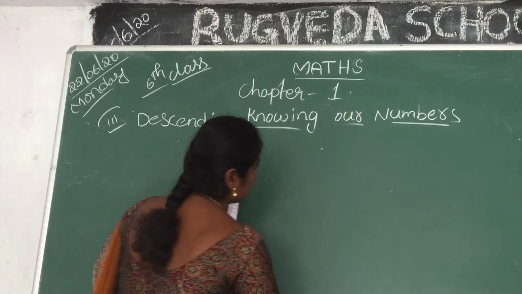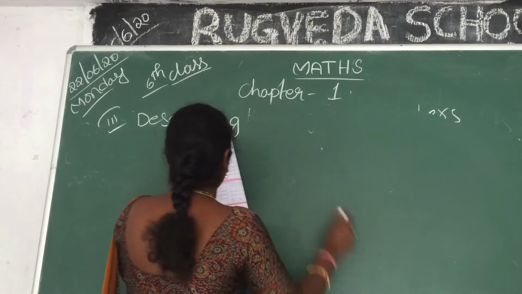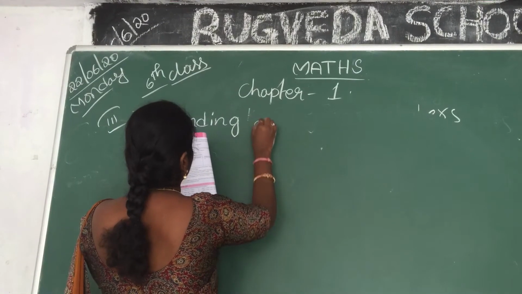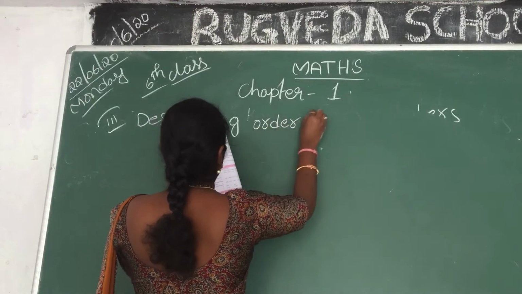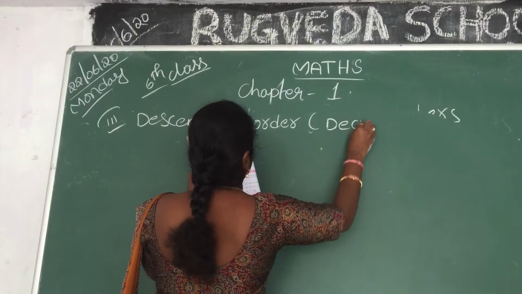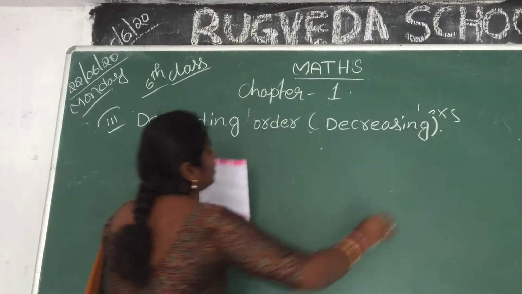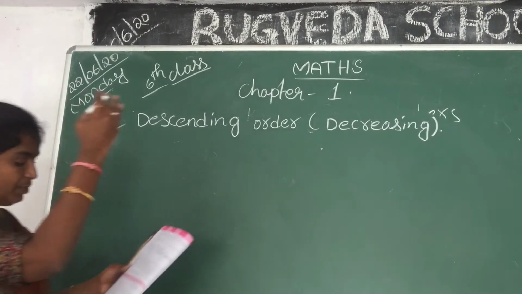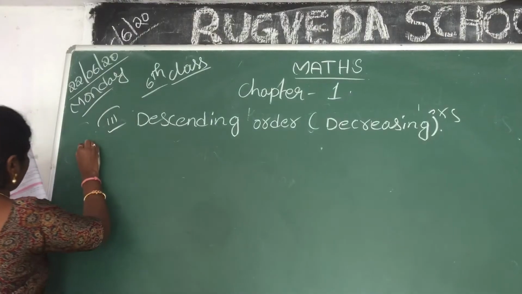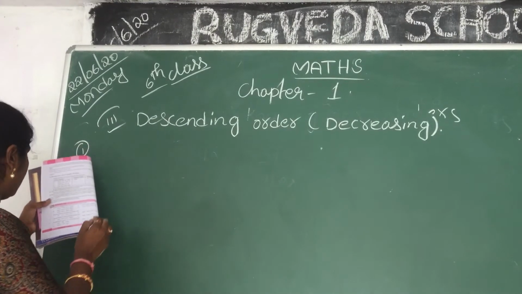Descending order means decreasing. Decreasing means bigger number to smaller number. First two problems here given, one I will explain.